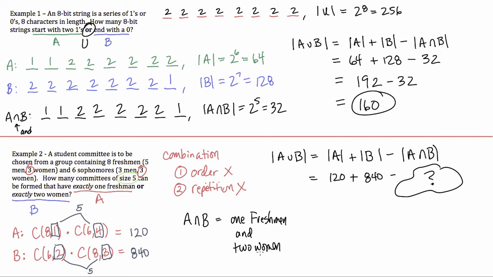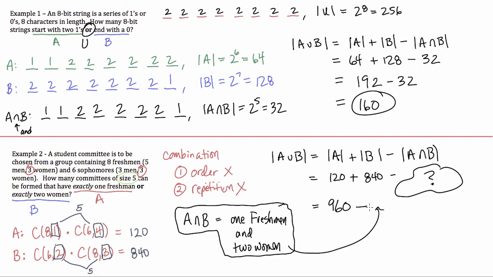You basically have a grouping of 5 here, and we need to figure out how we'd go about doing that. If anyone can come up with the answer to this, I would love to hear your response. This is basically the way we would handle this problem. We would take the 840 and the 120, get 960, and then subtract out the size of this set. Question is, can you figure it out?